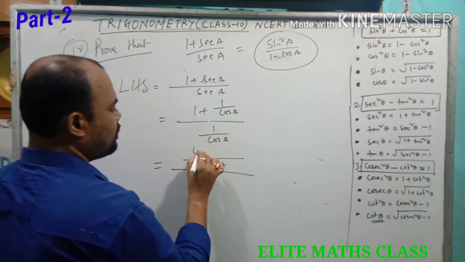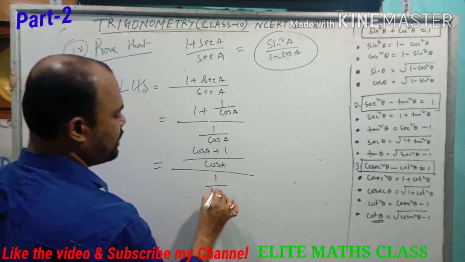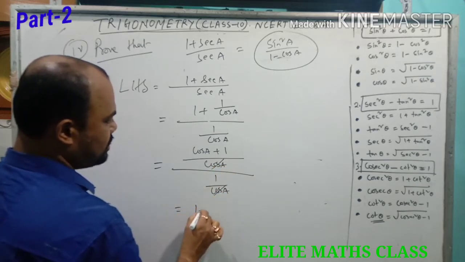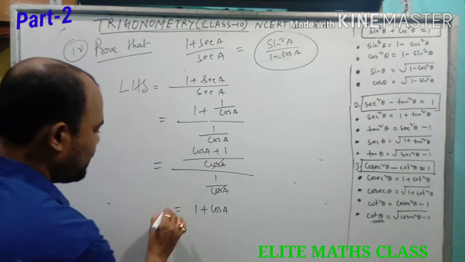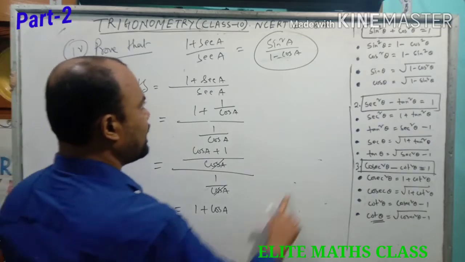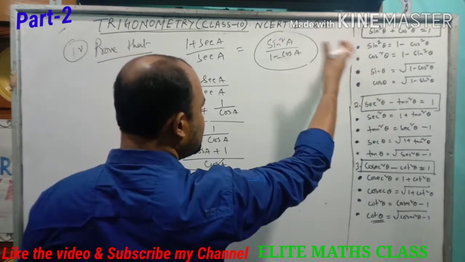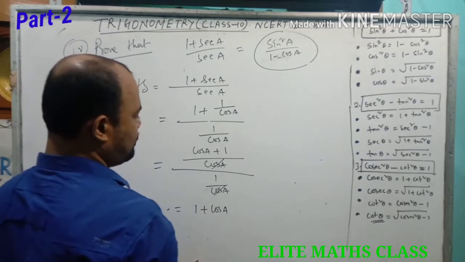Cos A plus 1 by cos A, divided by 1 by cos A. This cos A cancelled, equal to 1 plus cos A. From here you can get RHS, as well as you can simplify RHS separately, you will get the same result.